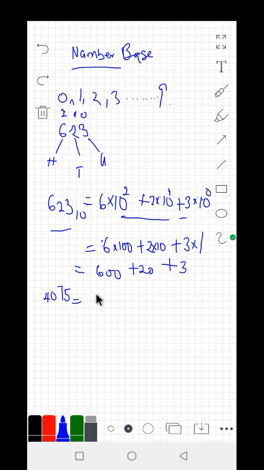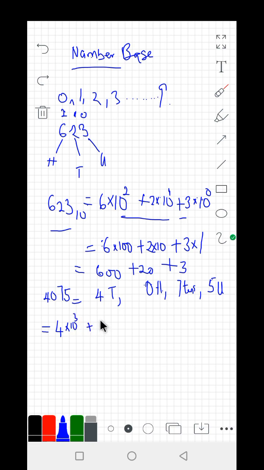This is 4 thousands, 0 hundreds, 7 tens, and 5 units.